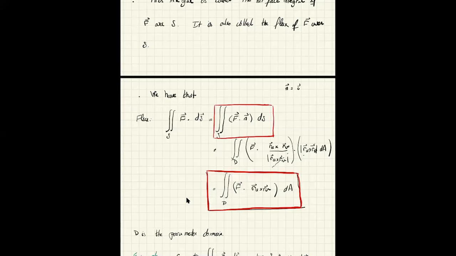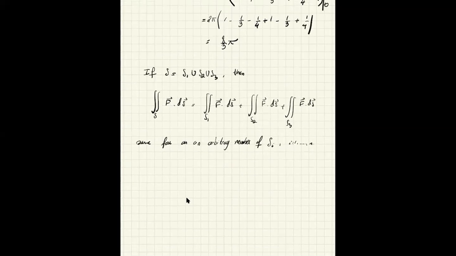For example, if I have the plane x, y, z, and my surface is some kind of surface, but one of the sides is some kind of circle on z equal to 0. So what is the normal vector here?